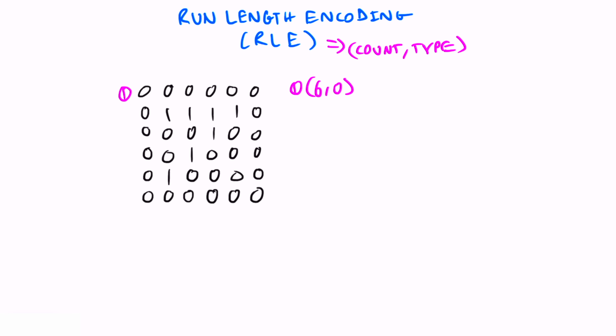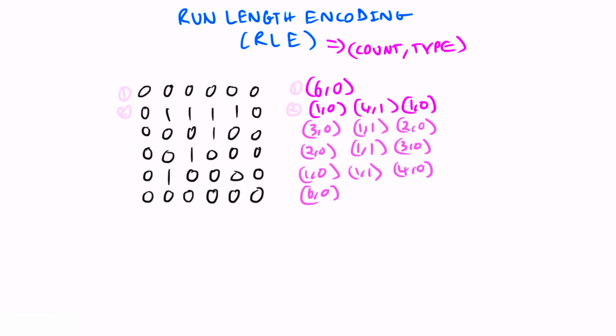And then the next row, we have 1 0, and 4 ones, and then another 0. And now we have our compressed image. Before we had 6 values in each row. Now we have only 1 pair in the first row, 3 pairs in each of the middle rows, and 1 pair in the last row.